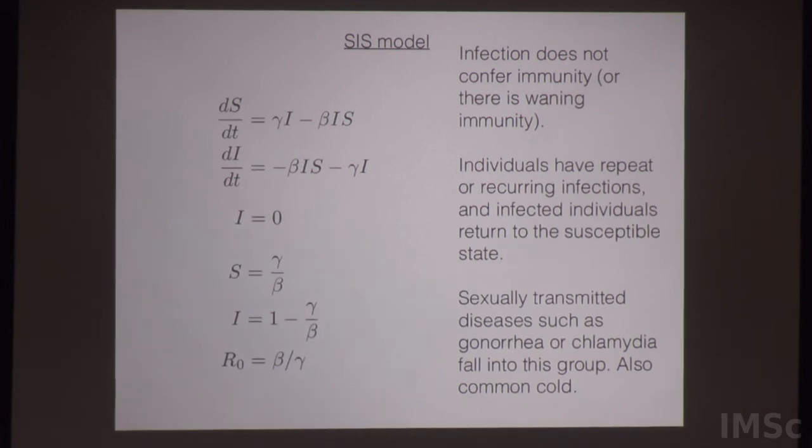Here are properties that I can figure out for this model. What is R naught? Being beta by gamma. But in what limit would I think of an equation like the SIS model? What are the diseases for which the SIS model might be valid? Usually these diseases tend to be sexually transmitted diseases such as gonorrhea or chlamydia, because typically having once recovered, you can be infected again. The common cold is also like that, but also partly because the common cold virus mutates fairly fast from year to year.